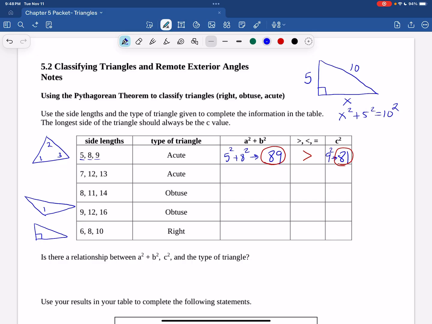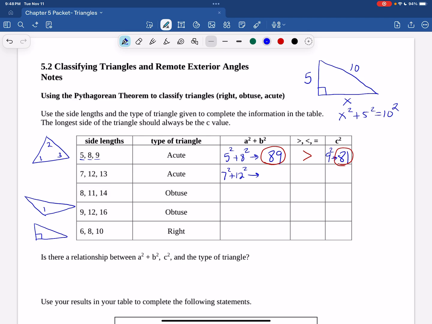Okay, now let's go to 7, 12, and 13. So 7 squared plus 12 squared, using our calculator, 7 times 7 is 49, and 12 times 12 is 144.